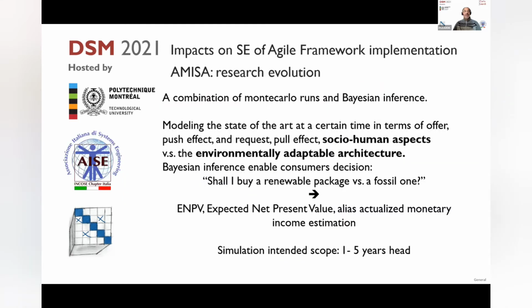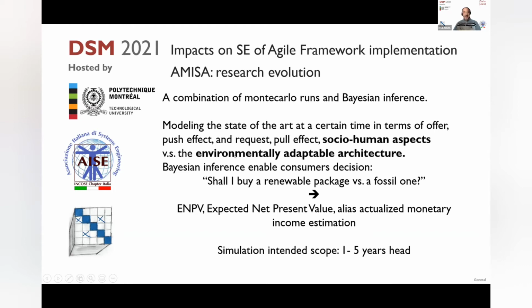And so what did we do? I worked on this in the last years after the end of the project. I reused the part of simulations to estimate the ENPV, the expected net present value, alias the actualized monetary income estimation, for simulations intended from 1 to 5 years ahead, focusing especially on environmentally adaptable architectures.